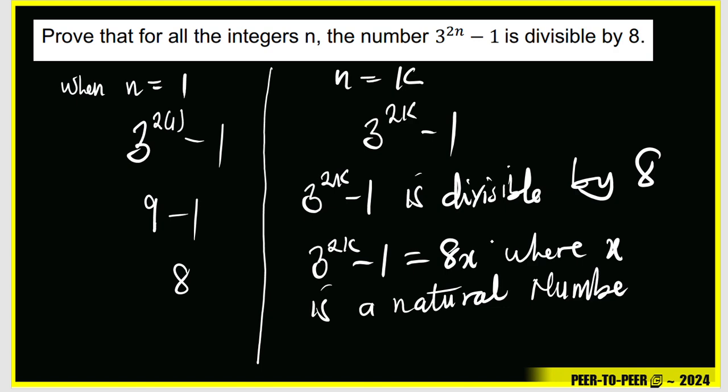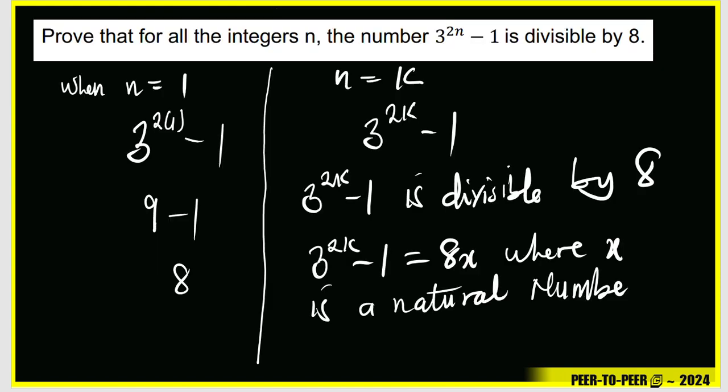And the multiple of 8 is just 8 multiplying the natural numbers: 8 times 1, 8 times 2, 8 times 3, 8 times 4, and so on. So if it is divisible by 8, that means the value is one of the multiples of 8. And we can say that this is equal to 8x, where x is what? A natural number.